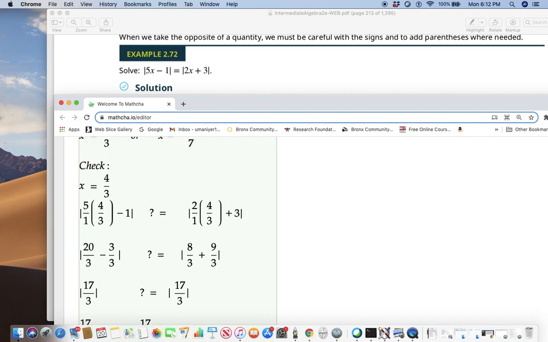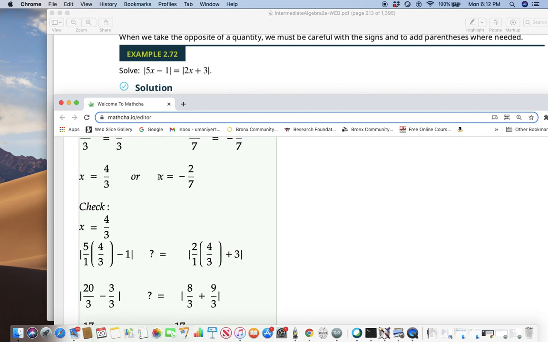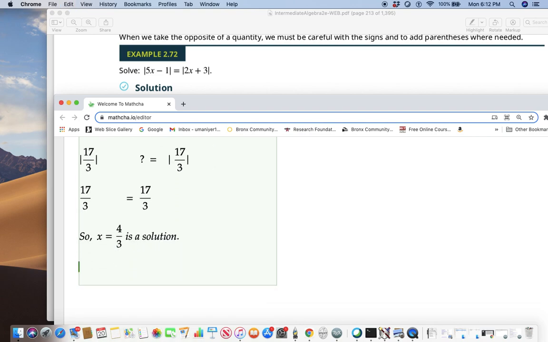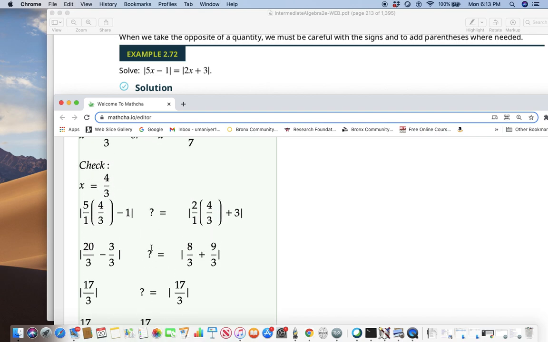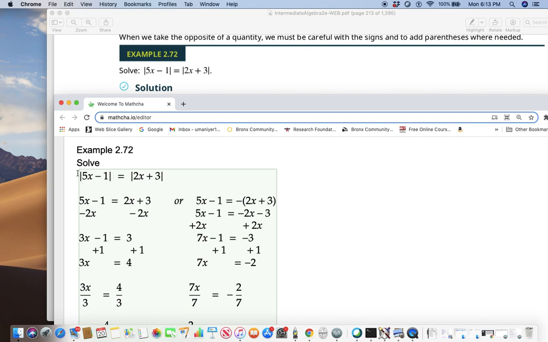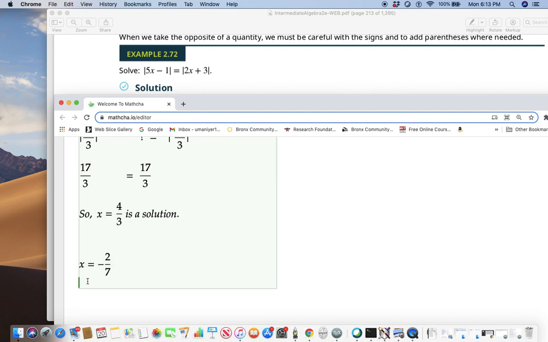Okay, so we got one working. What about the other one? You want to check this particular one in your original equation, mind you. Where you see x, write parentheses. You want to check, remember.